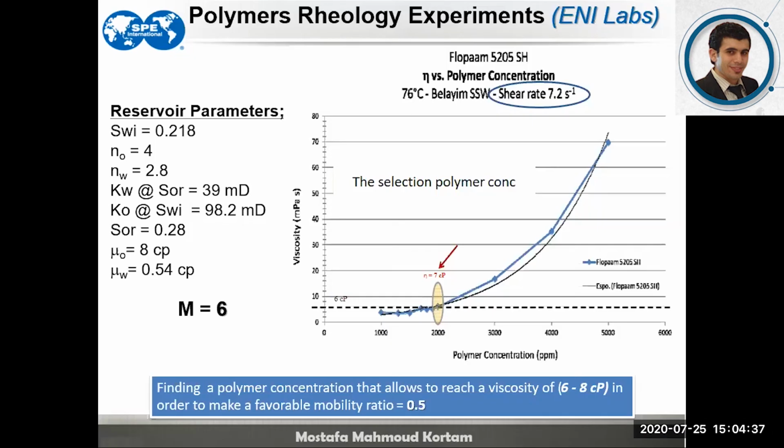So again, it's a conservative approach. 0.5 instead of 1 accounts for any degradation or unforeseen problems that may take place in the polymer system.